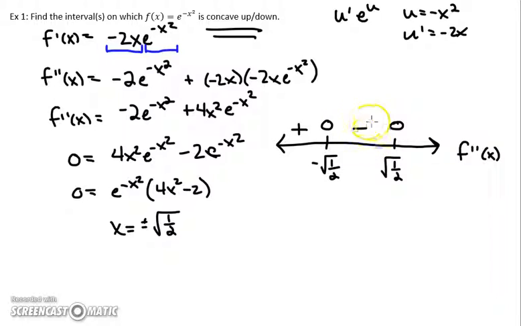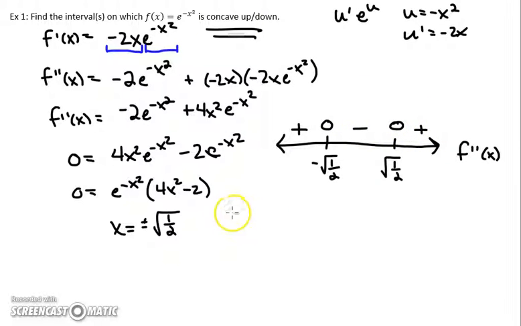There we go, negative numbers in here. So we know we're concave down from negative square root of 1/2 to square root of 1/2. Take a number bigger than square root of 1/2, let's take 1. Plug it in, we're going to get positive numbers. So we know our second derivative is positive, then 0, then negative, then 0, then positive.